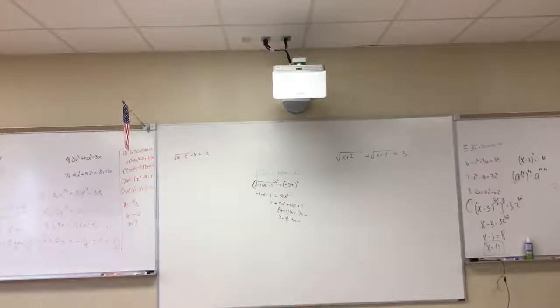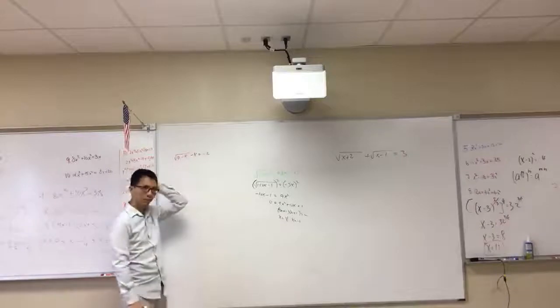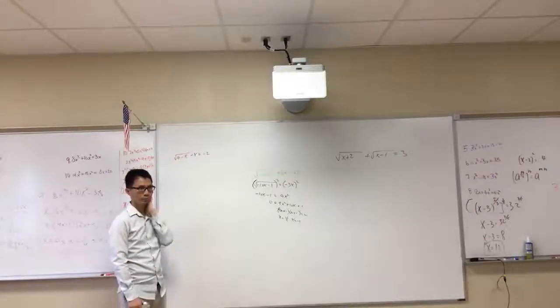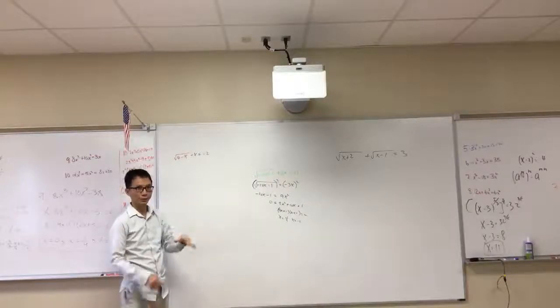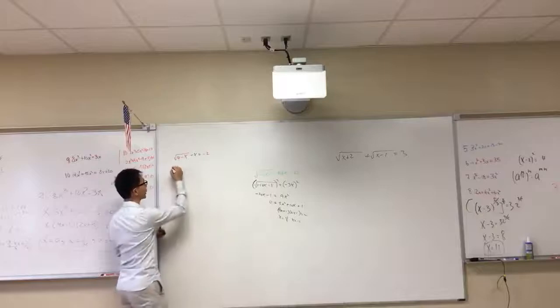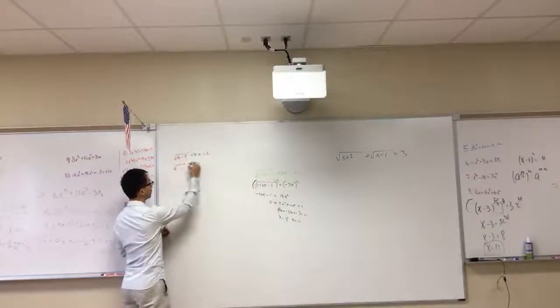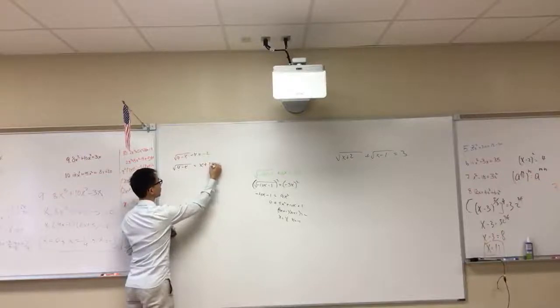What do I do if I have square root of 4 minus x, subtract x equal to negative 2? I can add x on both sides. I can isolate a radical, right? So then if I isolate a radical, I'm going to go to here: square root of 4 minus x equal to x minus 2.